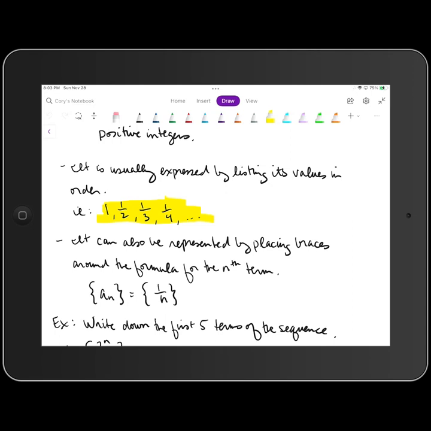Because if I start plugging positive integers into that formula, when I plug 1 in first, 1 over 1 gives me the first term of the sequence, 1. When I plug 2 in next, 1 over 2 gives me the next term, 1/2. When I plug 3 in next, that gives me the next term 1/3. When we plug 4 in, it gives me the next term 1/4. And that's going to give me all of the terms of that sequence.